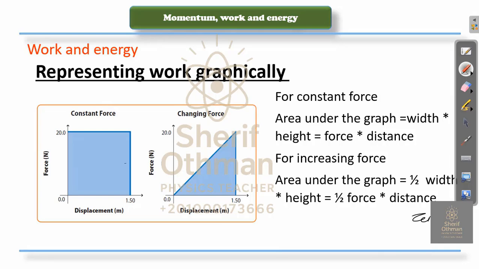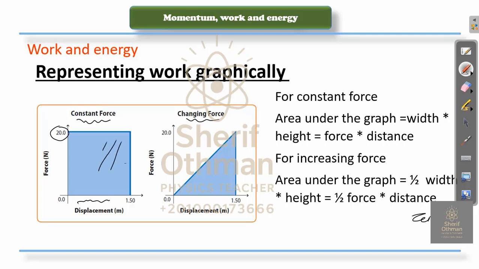Representing the work graphically, we have two types of forces applied on the object, either a constant force or a changing force. Let's study the constant force first. The force has a certain value as time goes and displacement happens. So we are moving the object by a constant force.